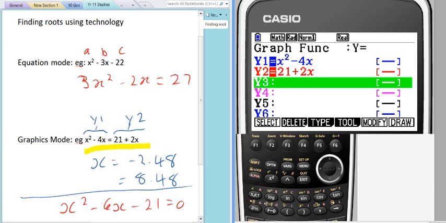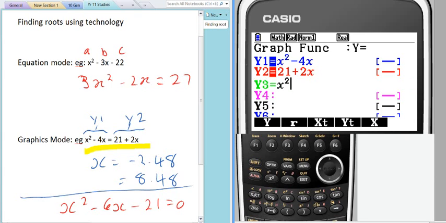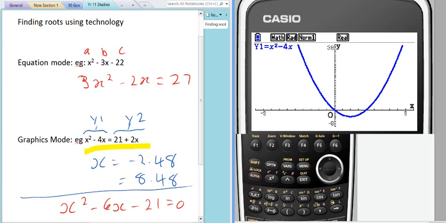So x squared take 6x take 21. The green's hard to see, isn't it? No, it's okay. So, it shouldn't come as a surprise to us that our green line is cutting the x-axis directly underneath the intersection of the other two.